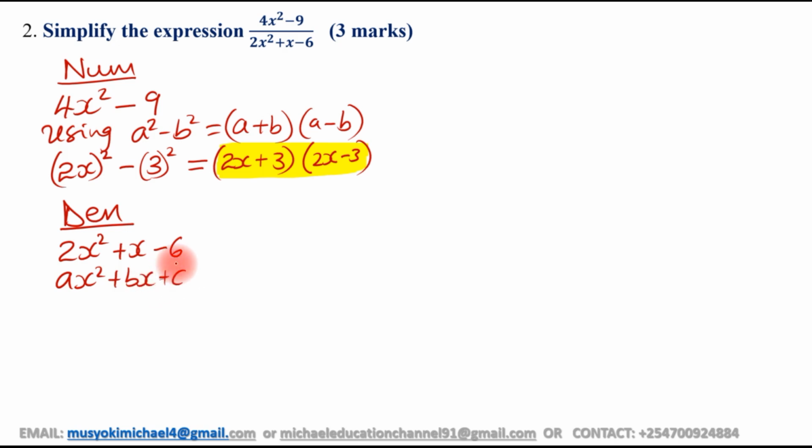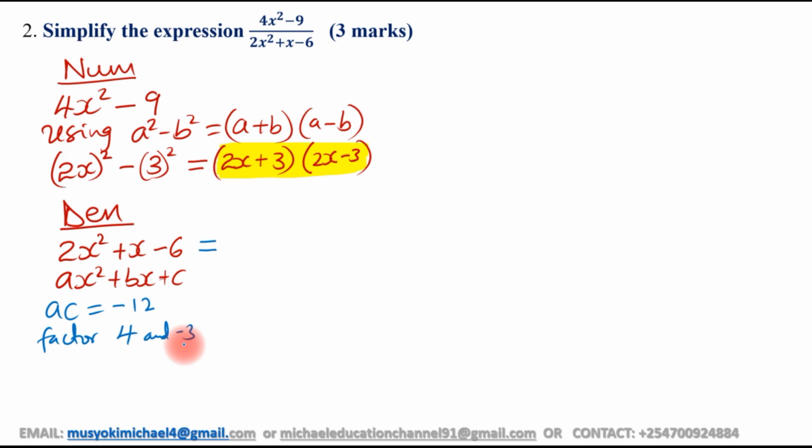We take the product ac, which is minus 12, and find factors of minus 12 that give plus 1, which are 4 and minus 3.